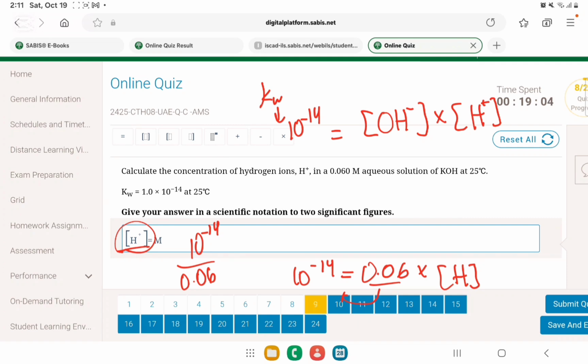That's a big number. Okay, you get 1.7 times 10 to the power of negative 13. I rounded it because it's 1.666666 times 10 to the power of negative 13, but here they said two significant figures. So we get 1.7 times 10 to the power of negative 13 on the calculator. Okay, it's really easy. You just moved one thing to the other side.